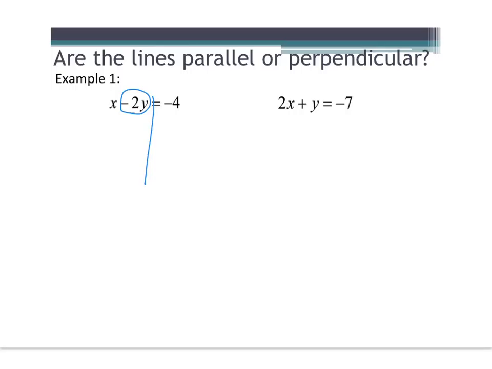Anything that's not circled, we add or subtract to the other side. So I'm going to minus x on both sides. Cross those out, and I'm left with a negative 2y equals a negative x. And I'm going to put that 1 in front of the x because I know that that 1 is written there. Again, mathematicians just got lazy with writing it.